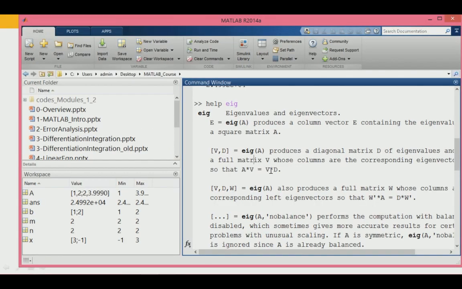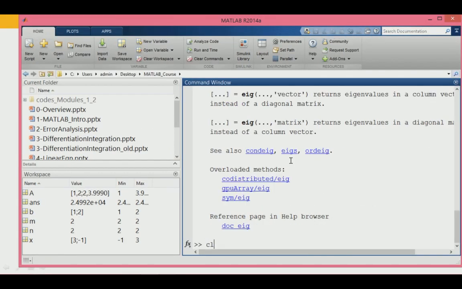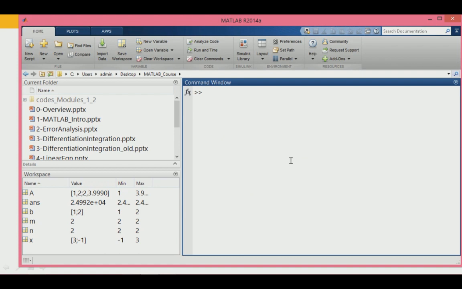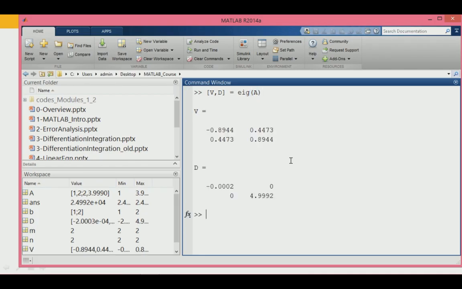So, let us look at that in MATLAB. [V, D] equal to EIG. Okay. So, remember just a few minutes back we had said that we will define vectors as column vectors.